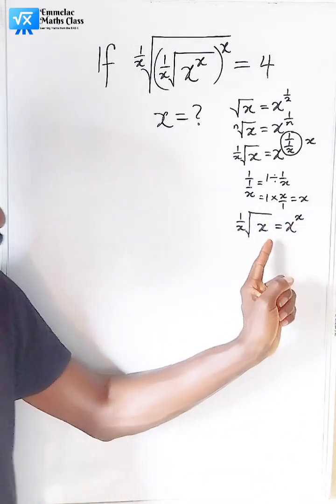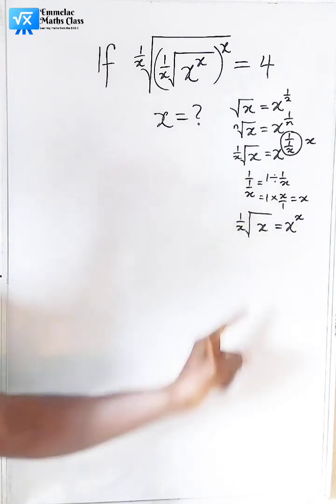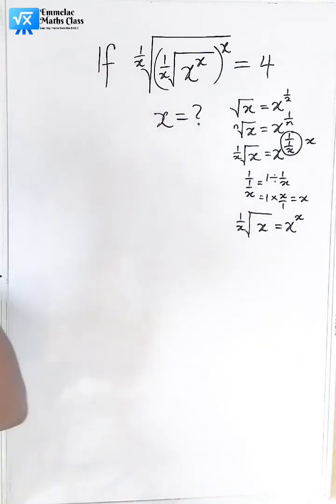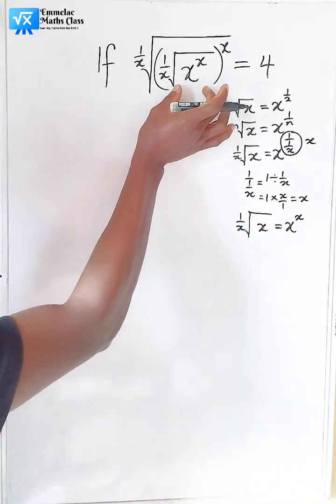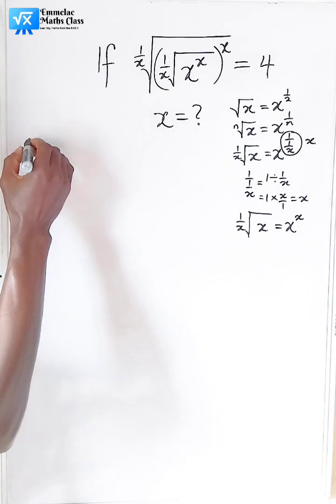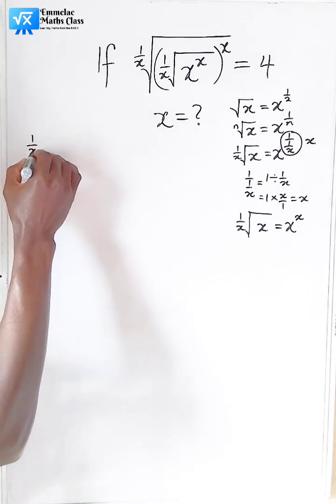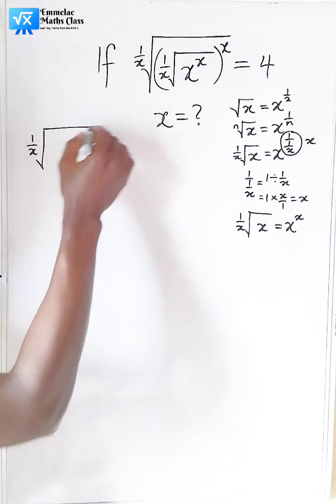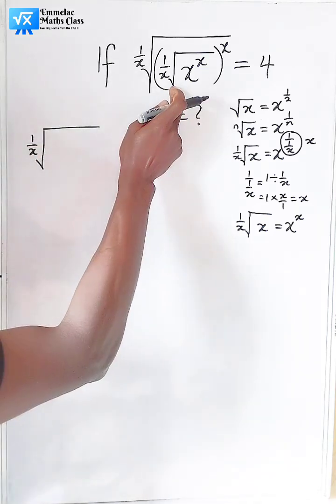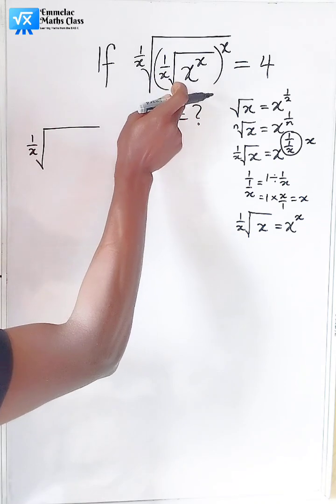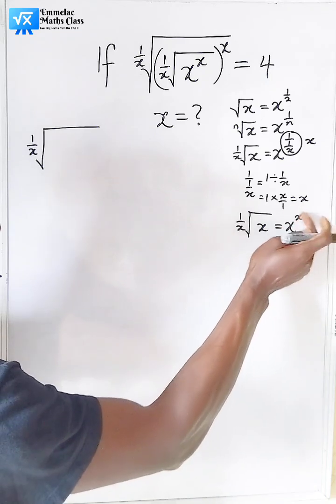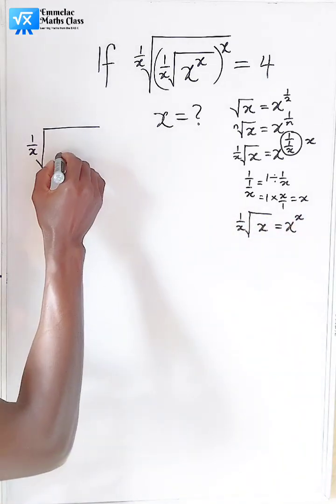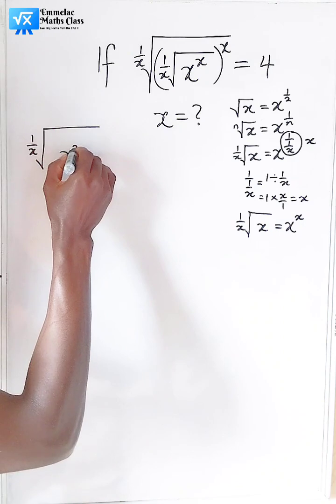Now if this is true, let us apply this rule to the left hand side of the equation. First of all, let us deal with what's in the bracket here. Here we have the (1 over x)th root of x, which gives us x as an exponent. So here we have x raised to the power of x.